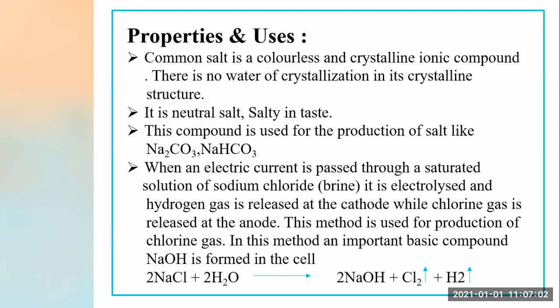Right now, let us just remember that salt is used for the production of these substances: Na2CO3, that is sodium carbonate, and NaHCO3, termed sodium hydrogen carbonate or sodium bicarbonate.